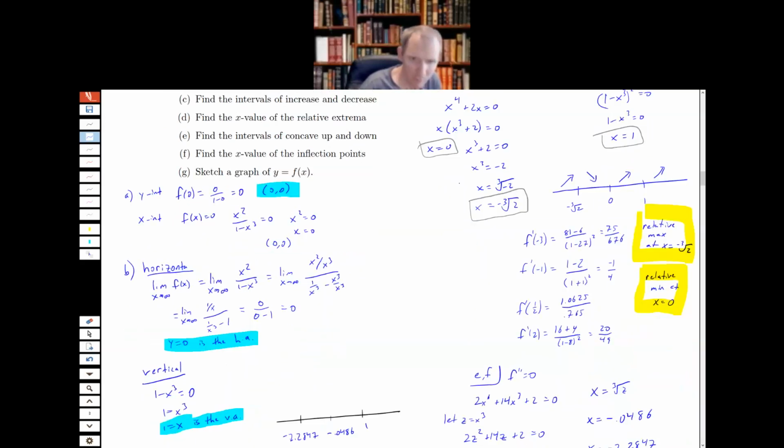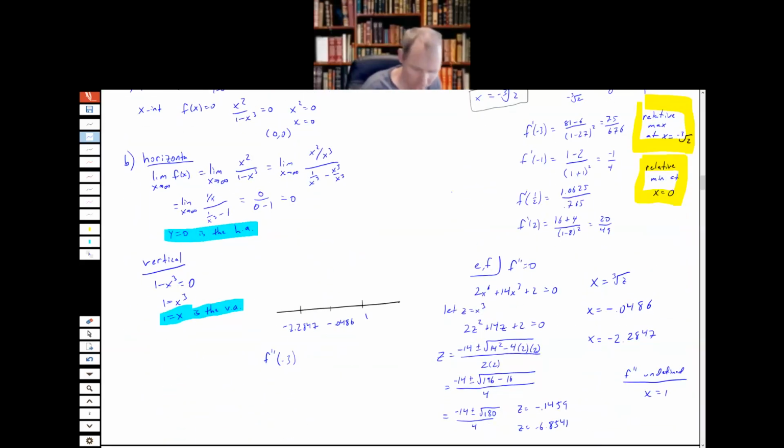Coming back down, when I plug in negative 3, my calculator outputs a positive 0.049. So it's positive, which means it's concave up here. When I put in negative 1, I get negative 1.25, so it's concave down.